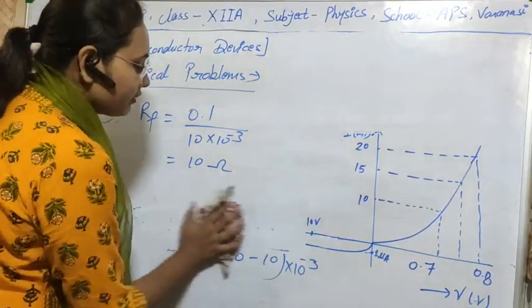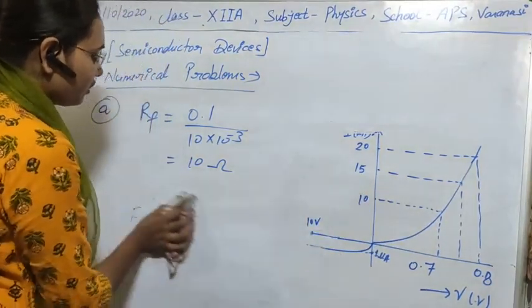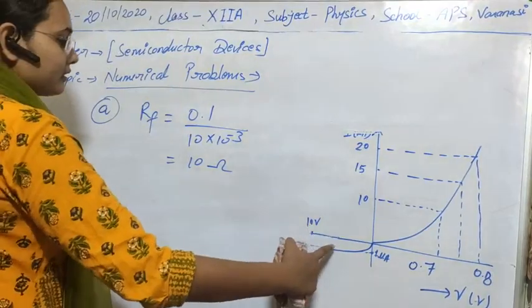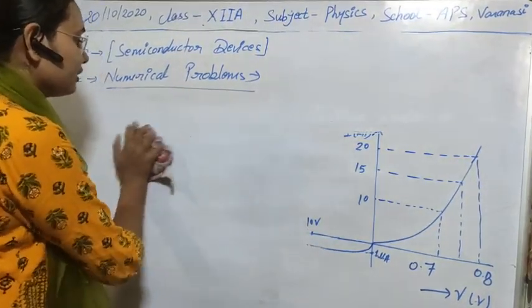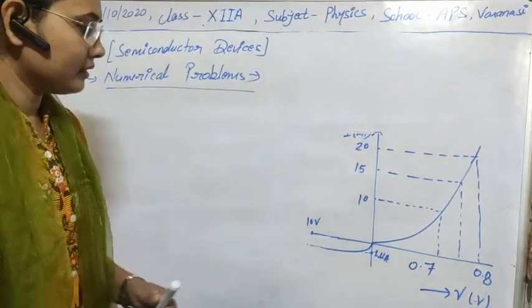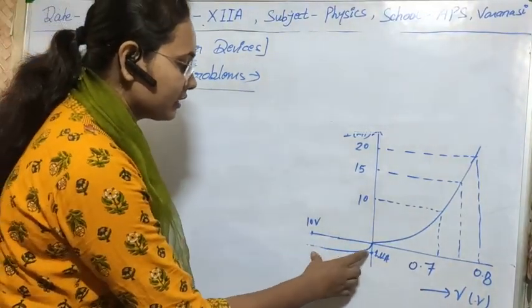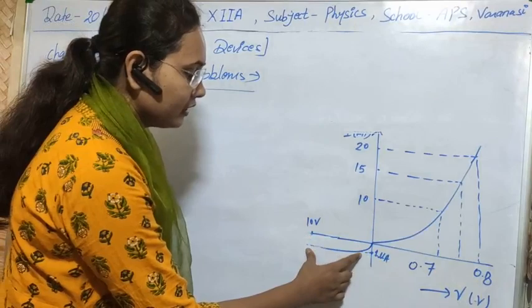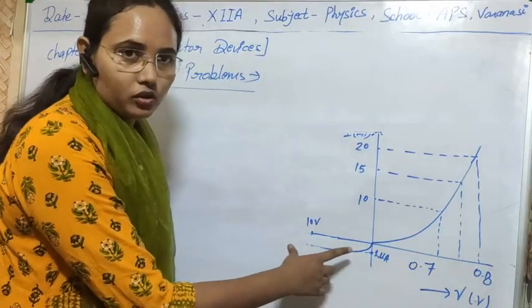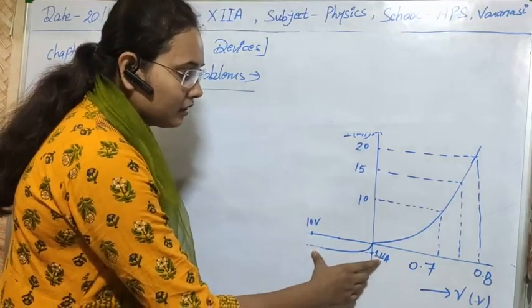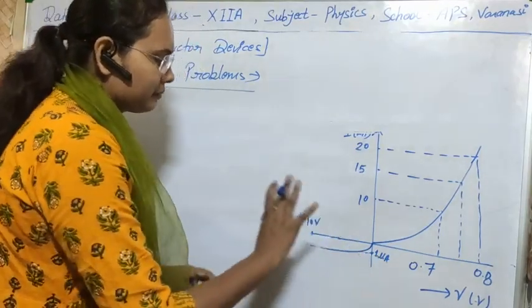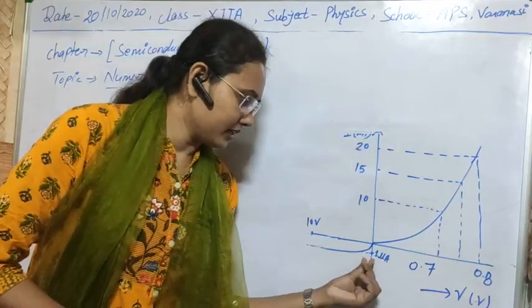In case of reverse bias, the curve does not have any linear portion. The current is constant at this voltage, so the resistance will also be constant as voltage increases.